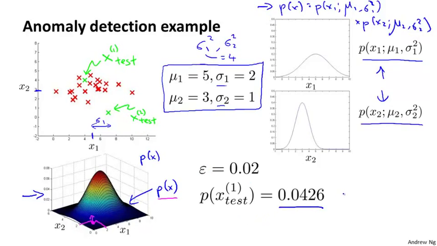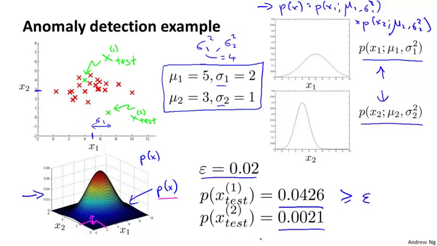In particular, this is greater than or equal to epsilon, and so there's a pretty high probability, at least bigger than epsilon, so we'll say that x1 test is not an anomaly. Whereas if you compute p of x2 test, that gives a much smaller value, so this is less than epsilon, and so we'll say that that is indeed an anomaly because it's much smaller than that epsilon that we chose. And in fact, I didn't prove it here.